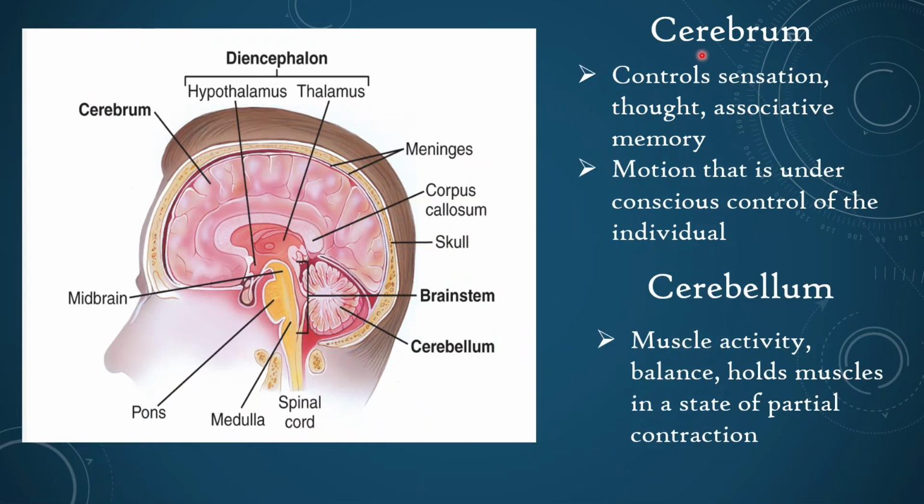If we look at the cerebrum, it controls sensation through thought, associative memory. It controls motion that's under conscious control. If we look at the cerebellum, it controls muscle activity, balance, holds muscles in a state of partial contraction, meaning they're ready to go in that partial contraction state when you need them to go.